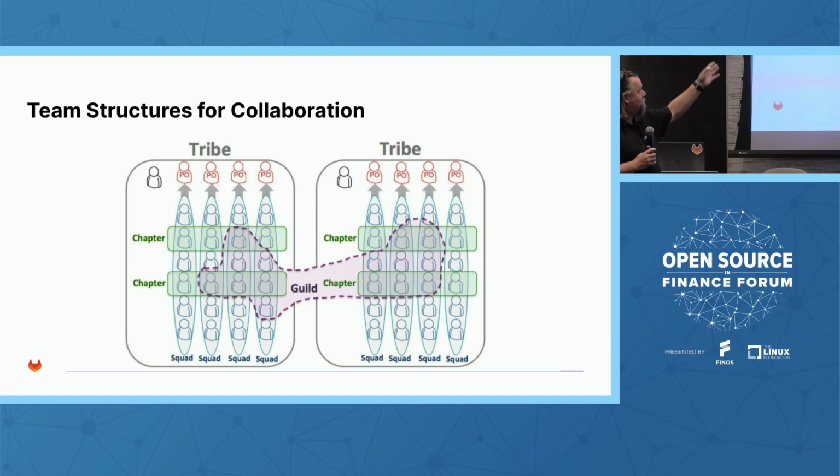Then I have multiple of those, and up at the top, a tribe is sort of like a line of business. Underneath that line of business, across, I'll have, let's say, a UI, UX team. That's my chapter. That goes across. So I'll have a UI, UX person embedded in each one of those squads. I'll have an SRE or a platform engineer. That will be a chapter that goes across.